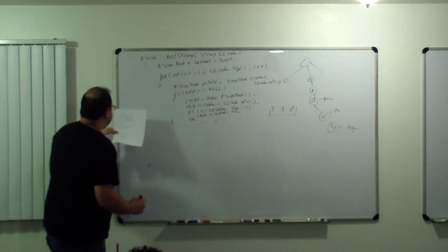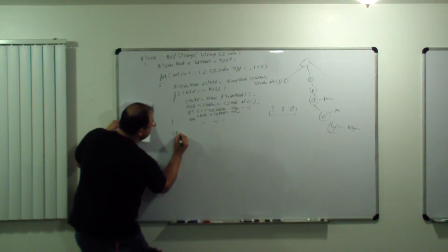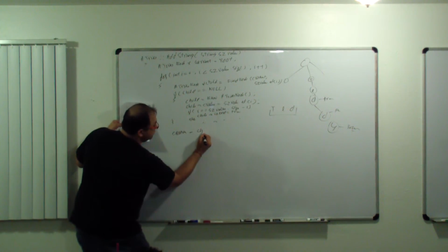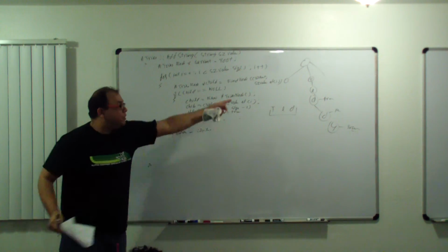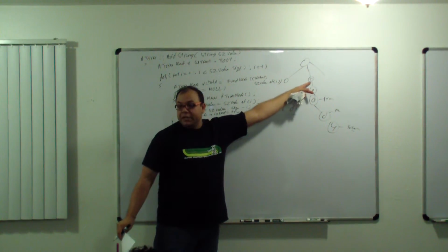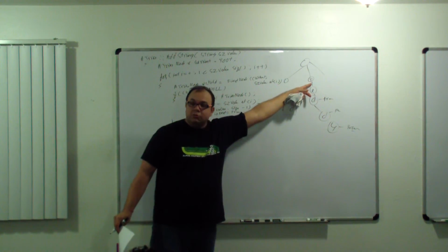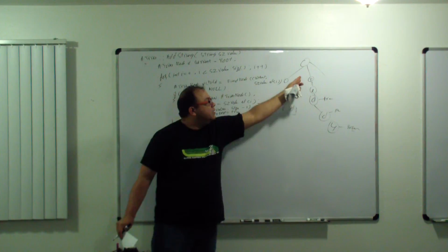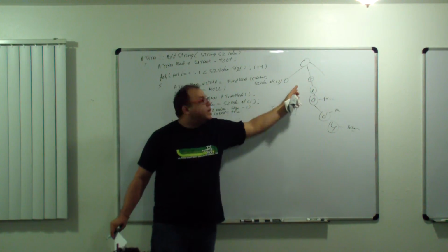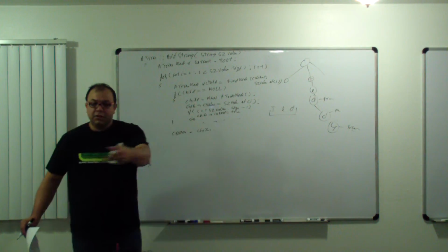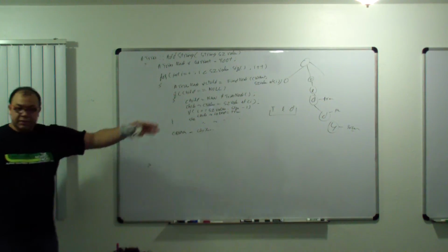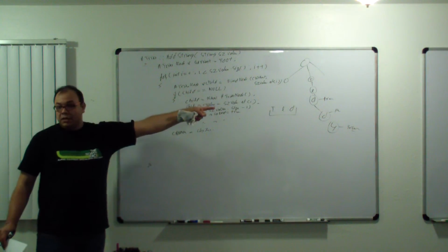If the child is not null, we will make current is equal to child. If t already exists, I don't need to add a new node. I will just make current equal to t, then go through all the children of t and check if e is a child.